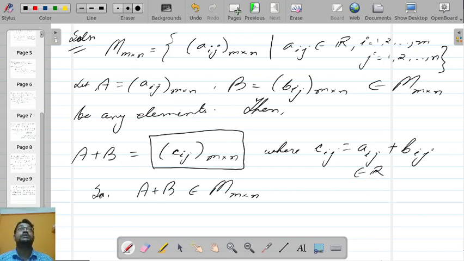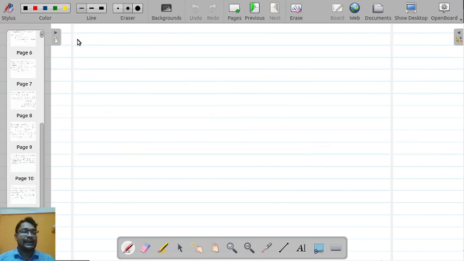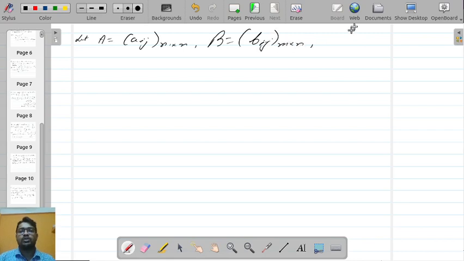That is why A plus B is an element inside m by n. Next I have to verify the associative property. So let A equal to aij m by n, B equal to bij m by n, C equal to cij m by n, be any elements.